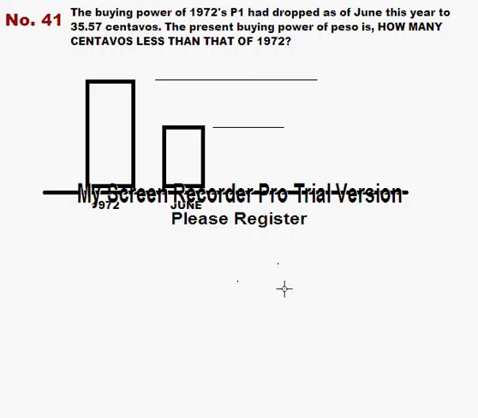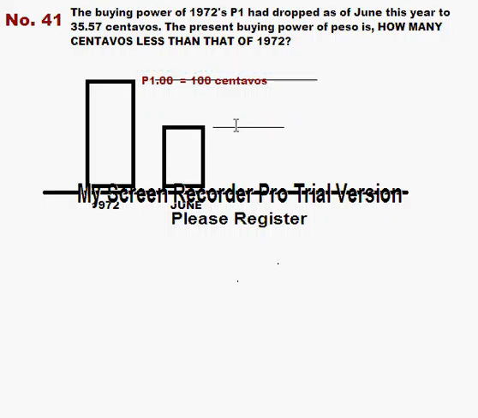Now, in 1972 there is an equivalent of 1 peso. And that 1 peso is simply equal to 100 centavos. Can you follow?